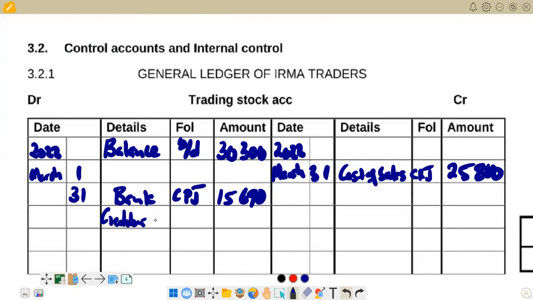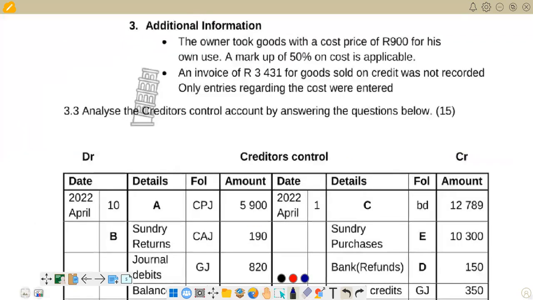Then on the folio column, we have the creditors journal, so we are just going to say CJ. And then on the amount, we've got 9,250. Right, so that's what we have on that one. And then we can move on to check what we have on the next details that we are given there.